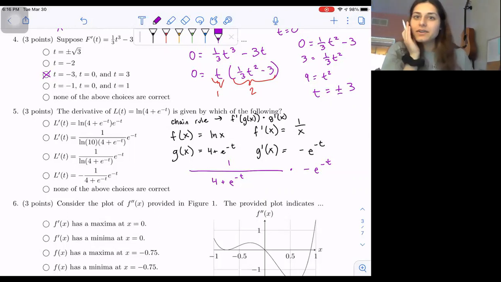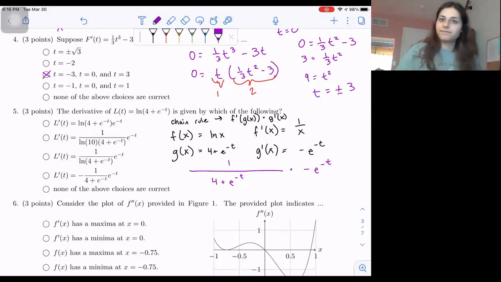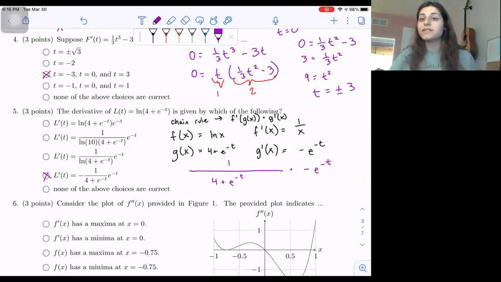Okay, so if I look here, it looks like the fourth one matches. Yes. So that was using the chain rule when they don't actually tell us to use the chain rule. So you have to be on the lookout and recognize when you need to use it.